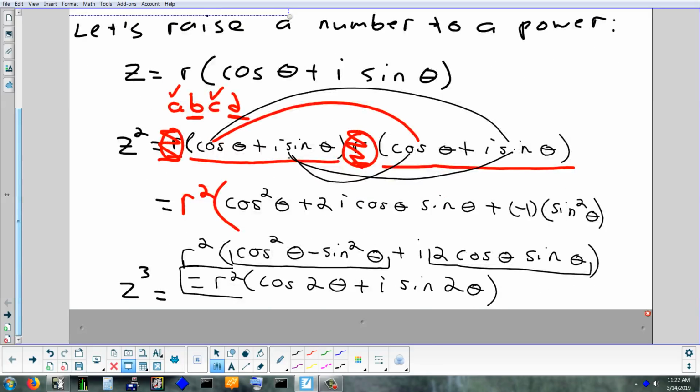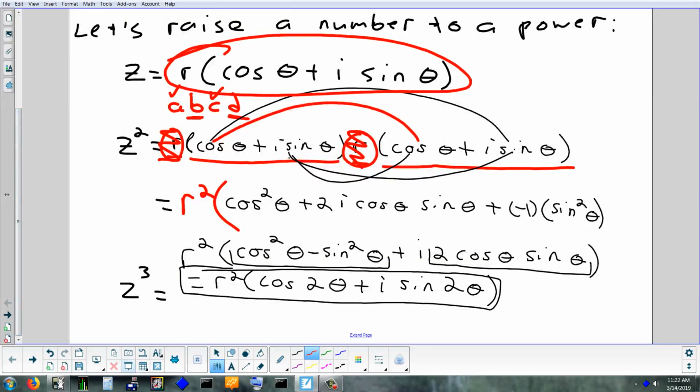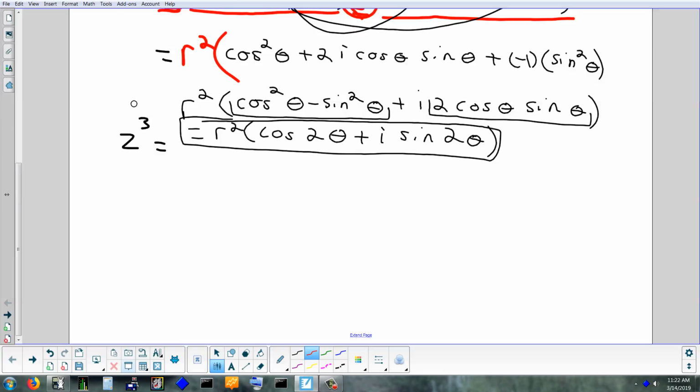So, when we squared what I circled in red, we got what I put the box around in black. So what I really want to look for is the pattern. What happened from the red circle to the black box when we squared? If you can see that pattern, we can probably figure out z cubed without doing all that work again.